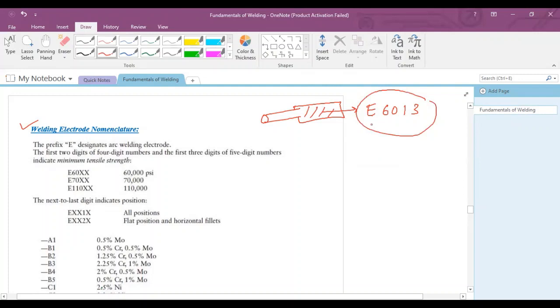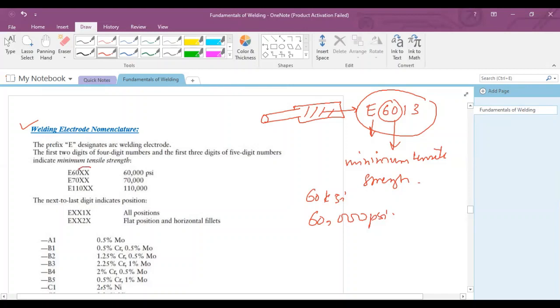E stands for electrode, and the next two digits represent the minimum tensile strength, like 60 kilo pounds per square inch, or sometimes called 60,000 pounds per square inch, right?